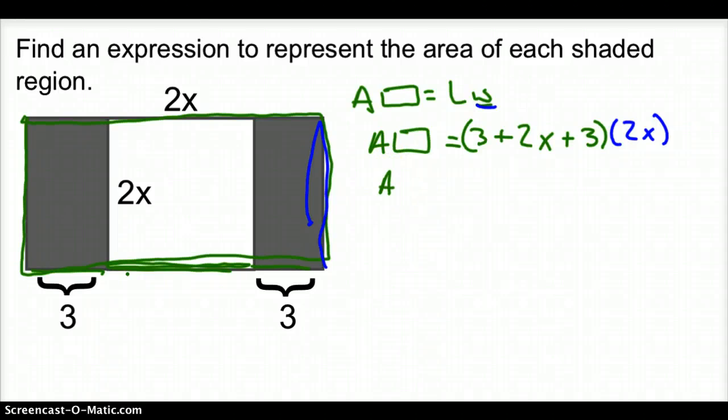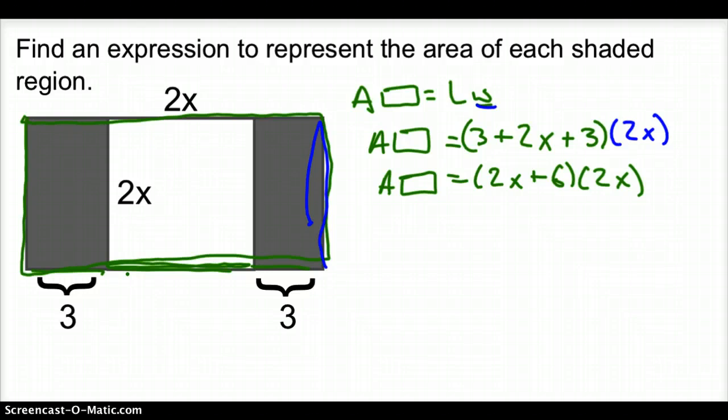The area of the rectangle is going to be 2x plus 6 times 2x. We multiply it out to give us 4x squared plus 12x. So the area of the green rectangle is 4x squared plus 12x.